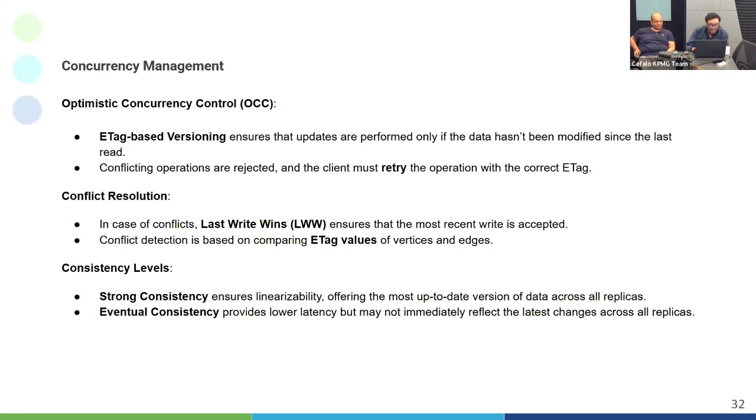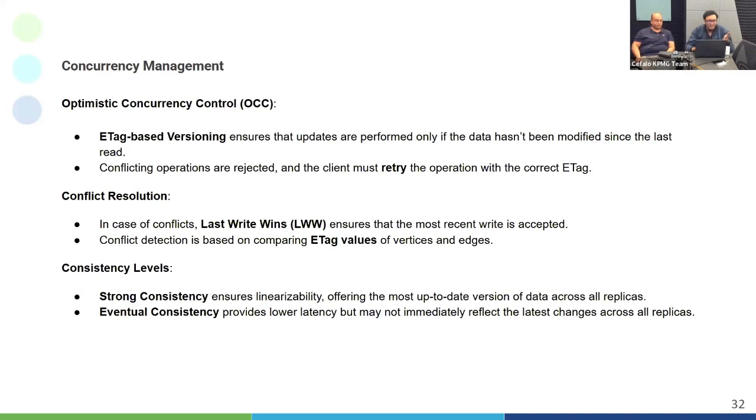We have to use optimistic concurrency, ETag based, for conflict resolution. We can set rules such as last write wins. For the consistency level, we either use strong consistency, where if we change the data in one replica it immediately affects the other replicas, or eventual consistency, where there will be some latency and slowly all replicas will be affected.